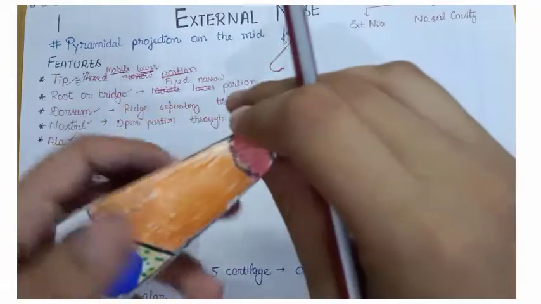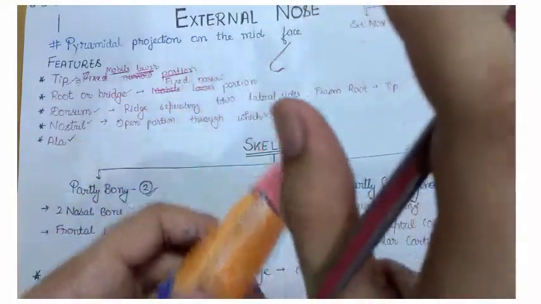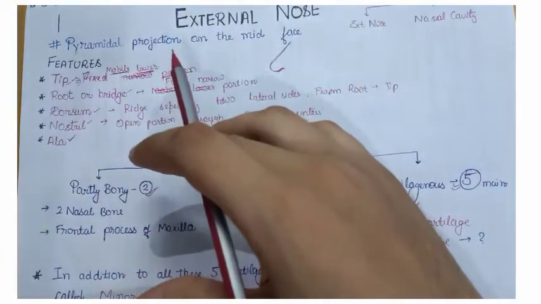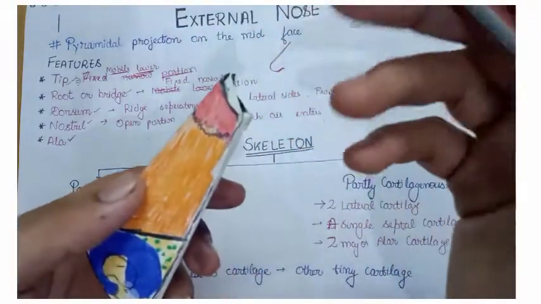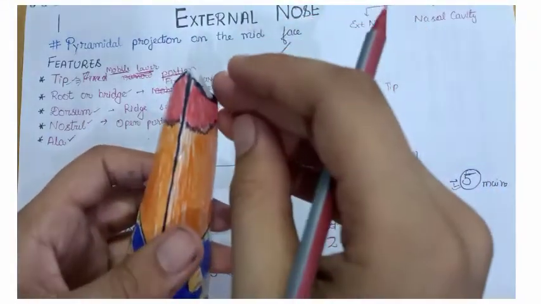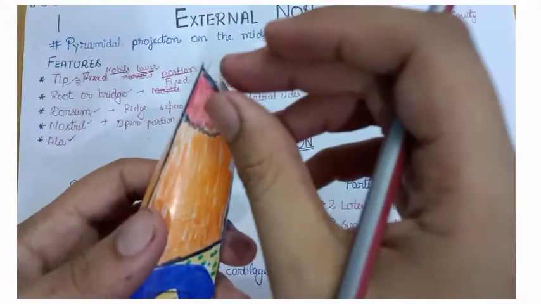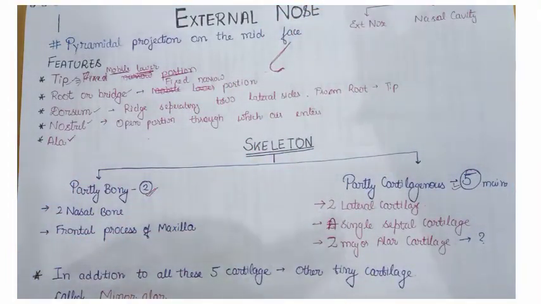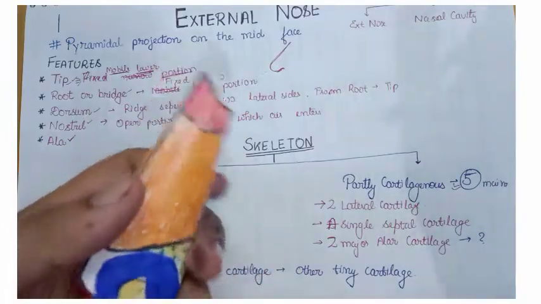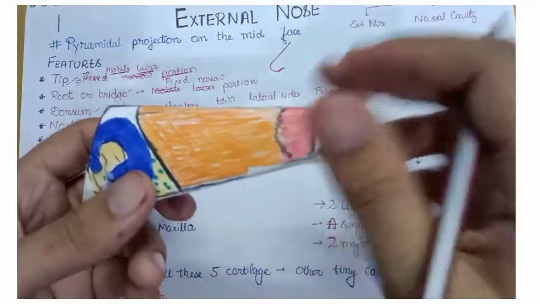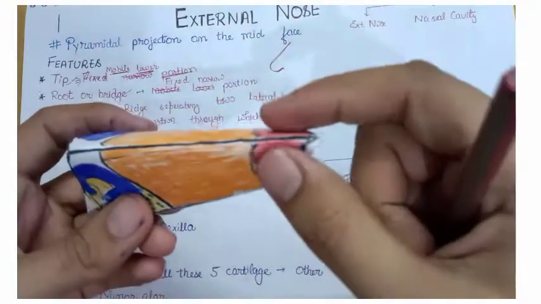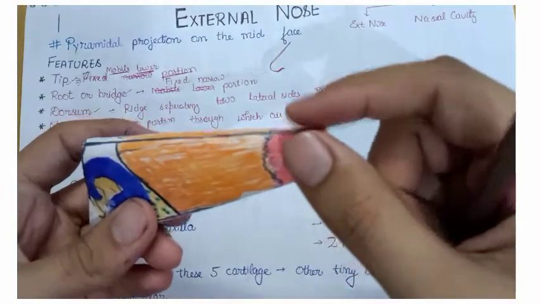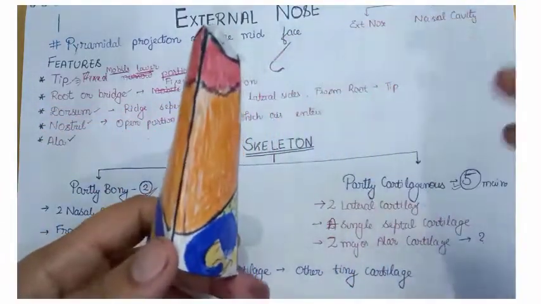Apart from this, we have the frontal process of the maxilla. As you know, the maxilla is present on the sides, it contributes to the upper narrow portion and acts as a bony portion for the skeleton of the external nose. So in the bony portion, we have two nasal bones meeting in the center and the frontal process of the maxilla.